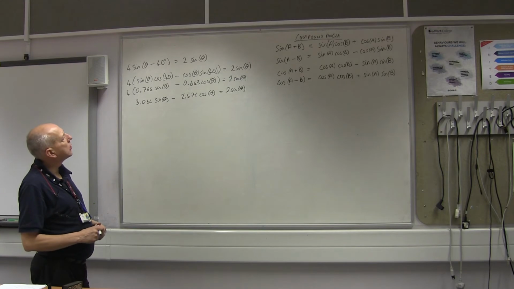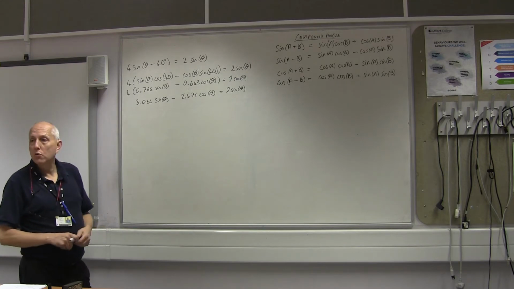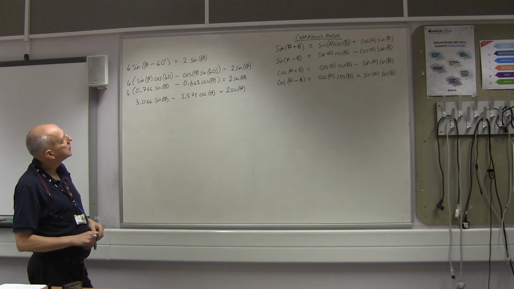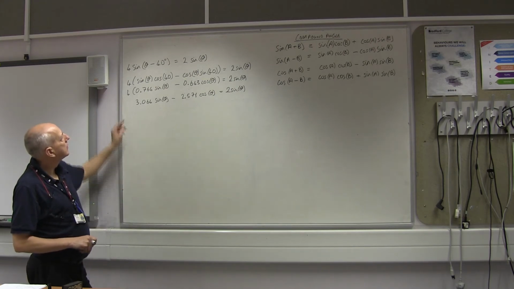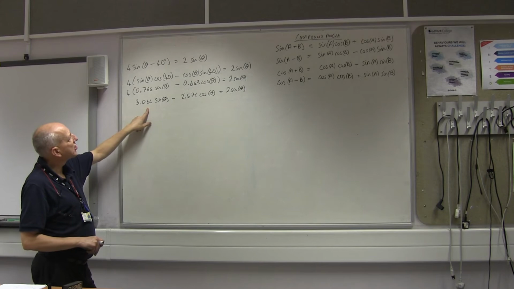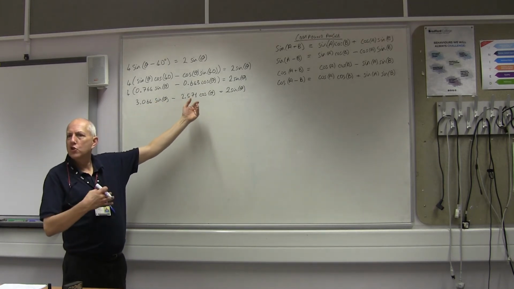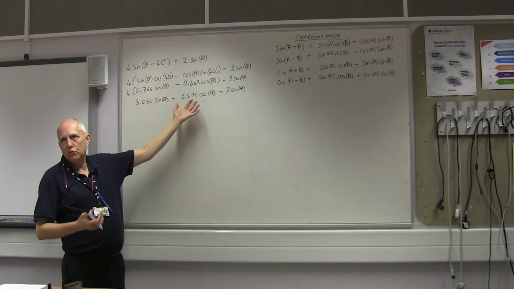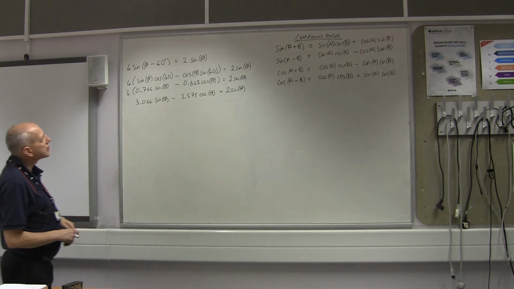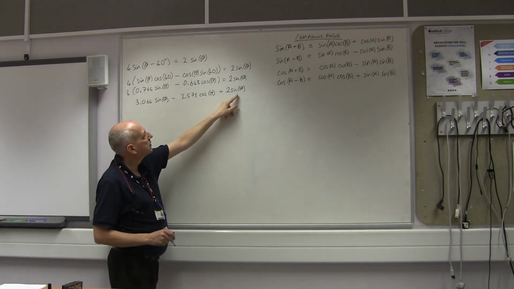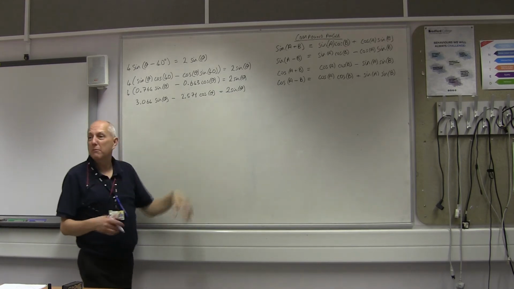So at this stage there's only one thing I can do that I can see. On the left hand side I've got a sine, on the right hand side I've got a sine. So if I add my like terms together, or subtract them. The best way of doing it is actually to move this to the left hand side and this to the right hand side, and it keeps everything positive.